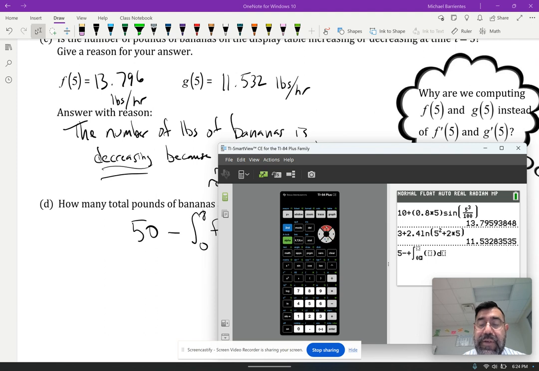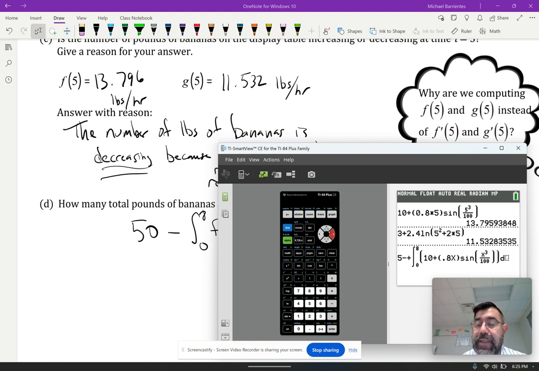going from 0, because bananas started disappearing from the display case right away, of f of t. So that's 10 plus 0.8 x times the sine of x cubed over 100.